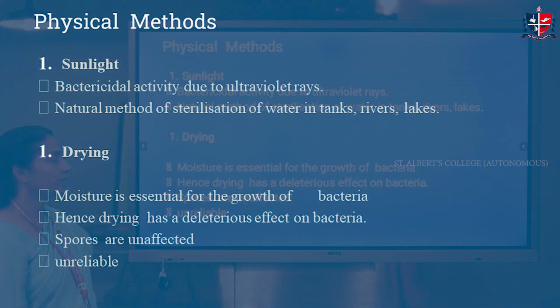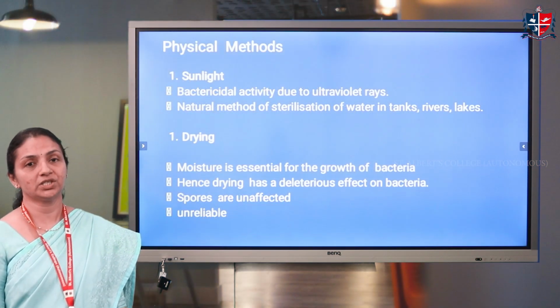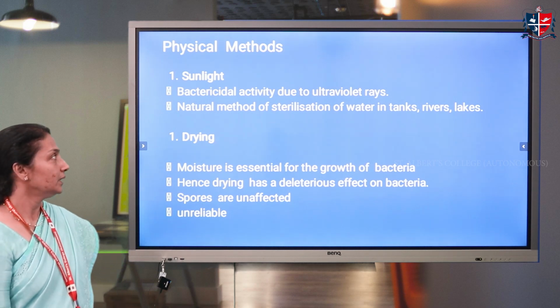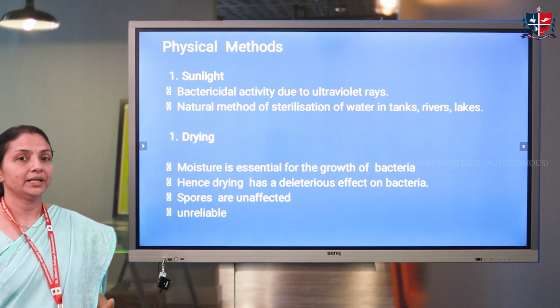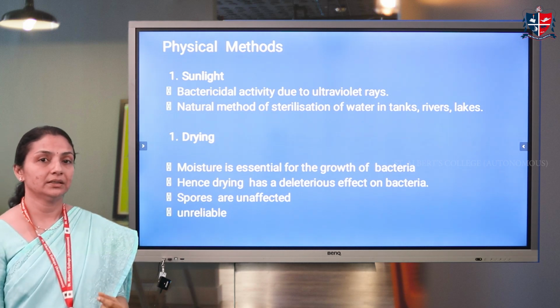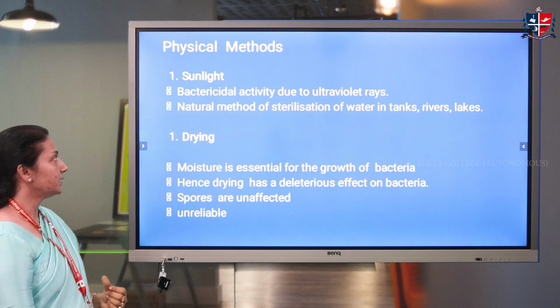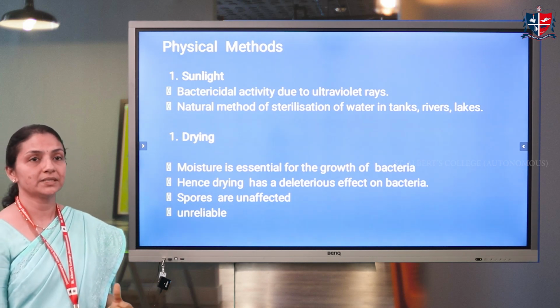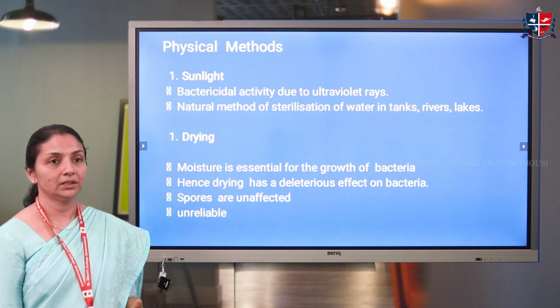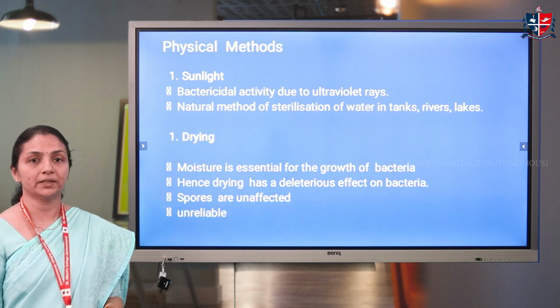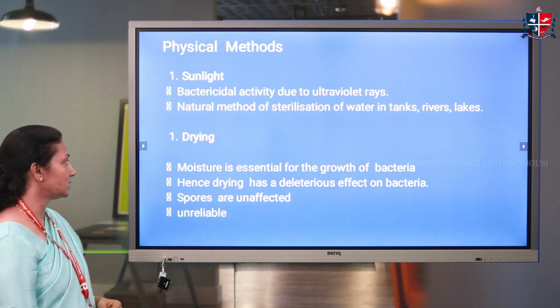First, sunlight. We know that it has an appreciable bactericidal activity. The ultraviolet rays in sunlight cause the killing of bacteria or microorganisms, and it is a natural method of sterilization of water in natural water bodies such as lakes, rivers, tanks, etc.